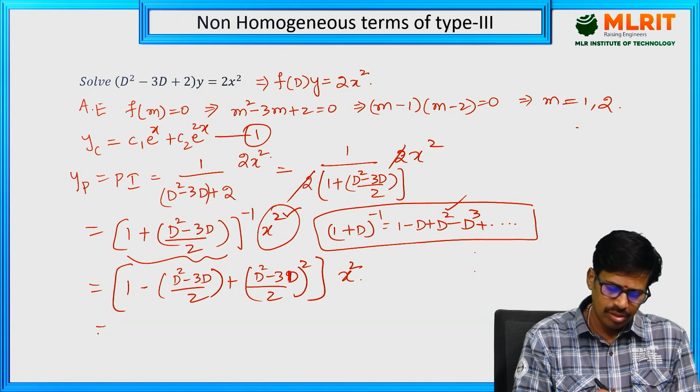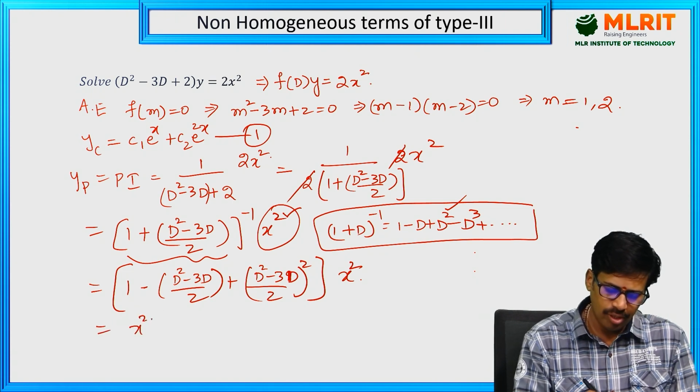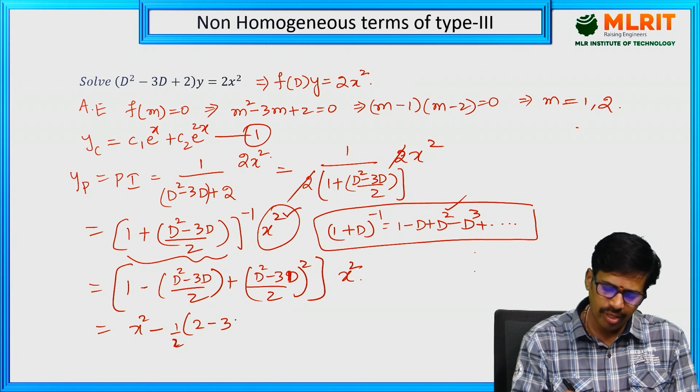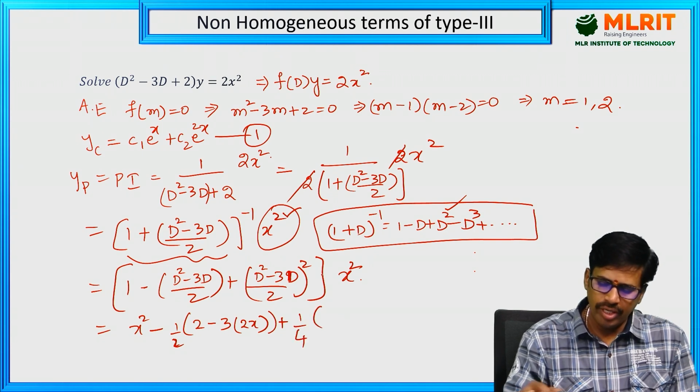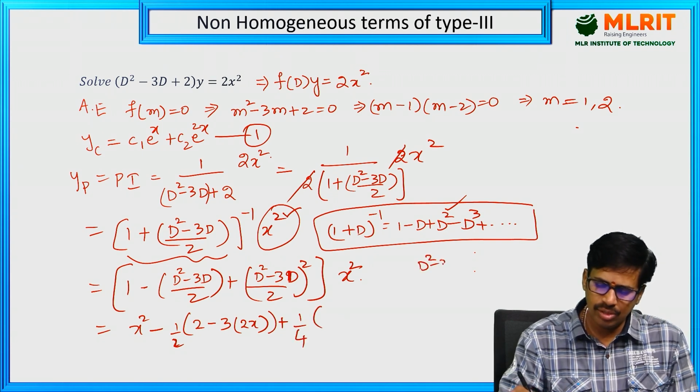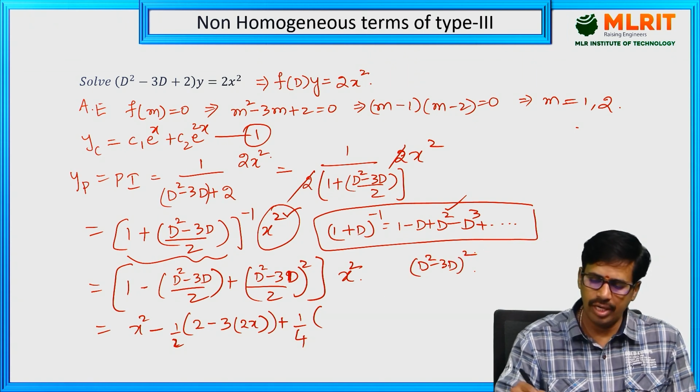So this is 1 into x squared, that is x squared, minus 1 by 2 into D squared of x squared, which is 2, minus 3 into the derivative of x squared, which is 2x, plus 1 by 4 into, you expand this numerator, (D squared minus 3D) whole squared. What you will get?